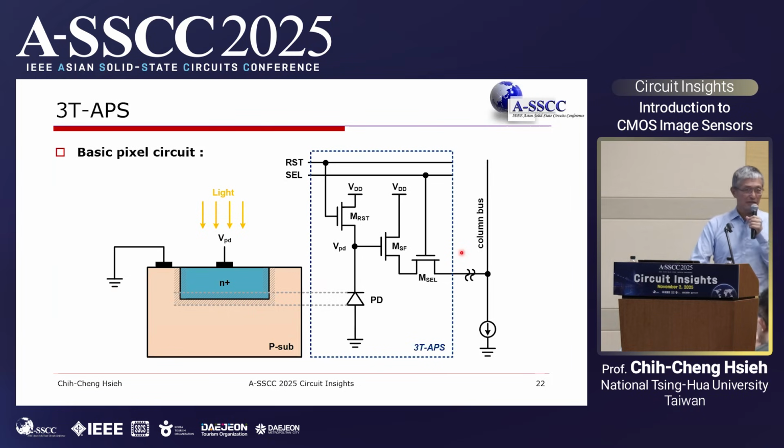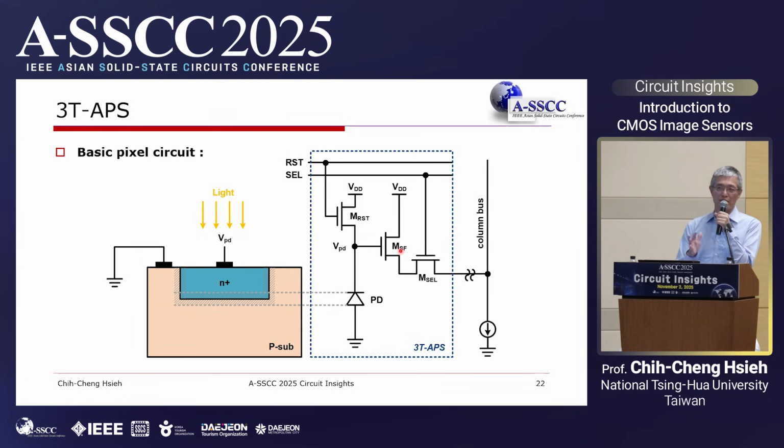And for APS, there are still two kinds of APS. One is the 3T, the other one is the 4T. The 3T means 3 transistors. You can see there are only 3 transistors in the pixel, in addition to the photodiode. So the circuit is quite simple for a CMOS sensor. One transistor for reset, the other one for the input device of the source follower.